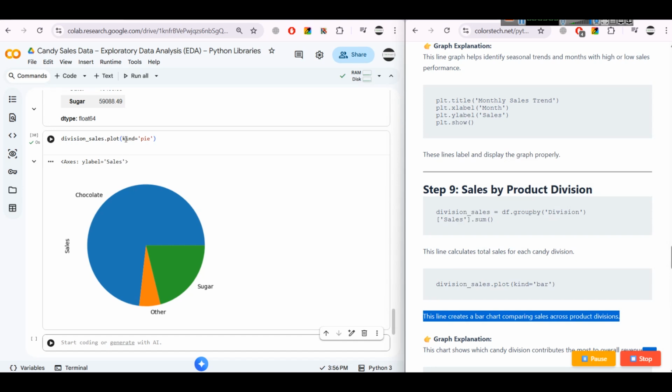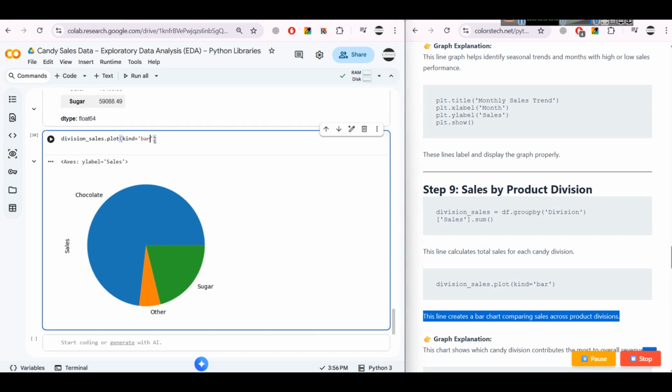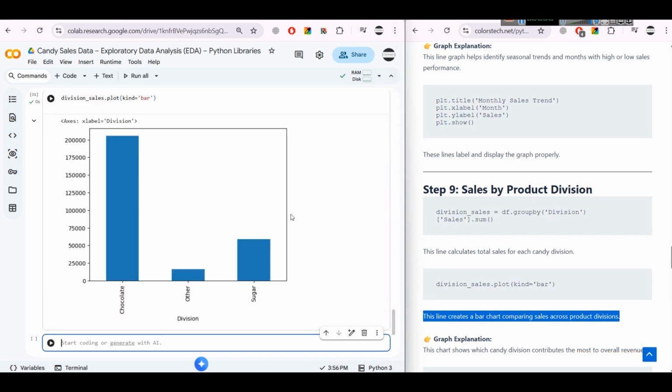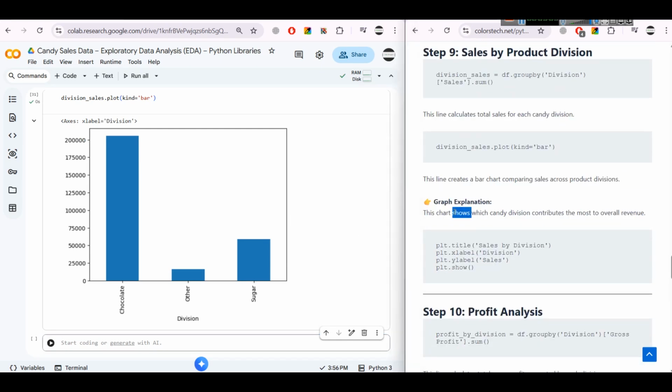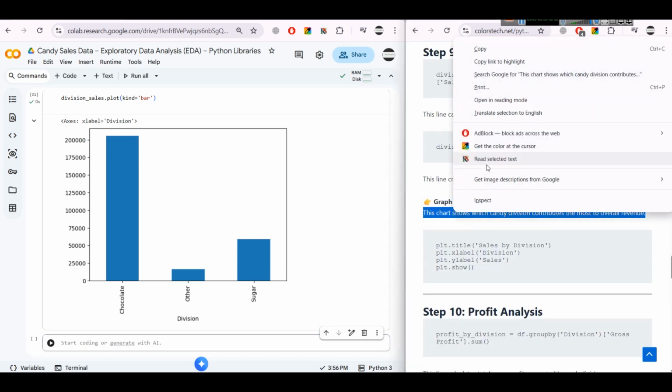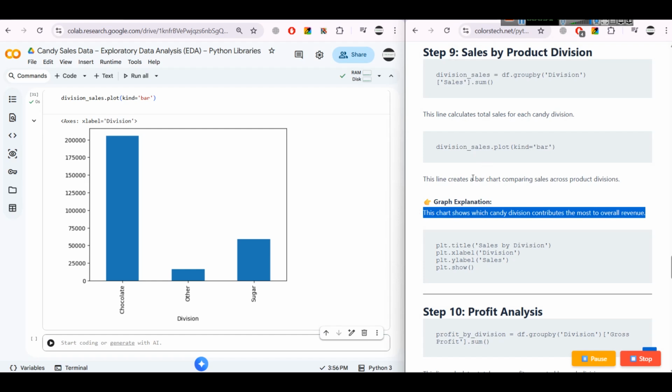This line creates a bar chart comparing sales across product divisions. This chart shows which candy division contributes the most to overall revenue.